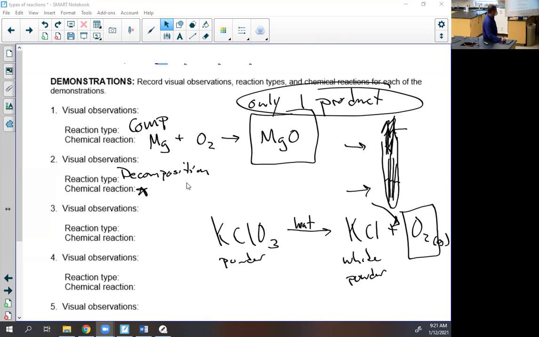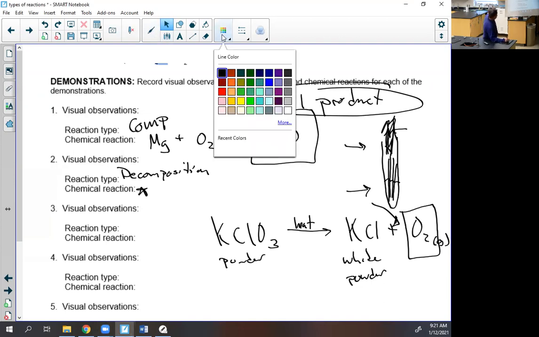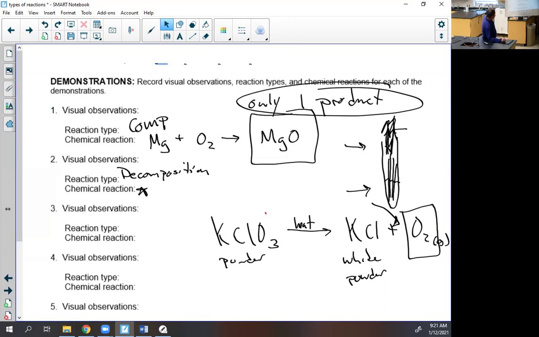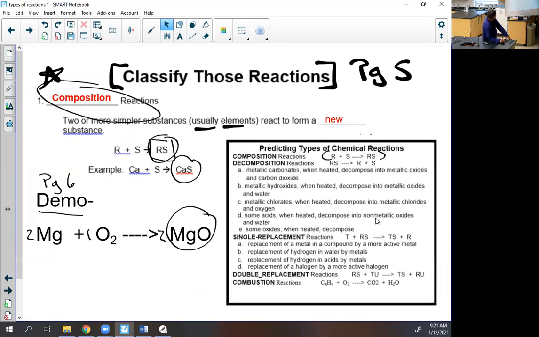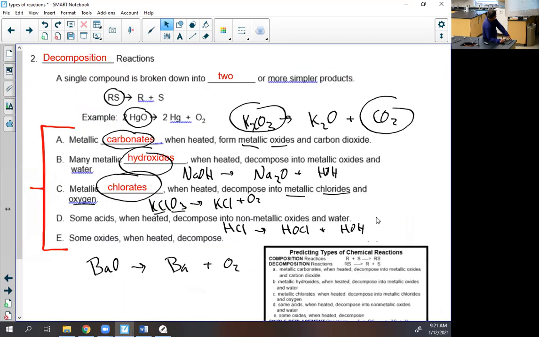Okay, now notice all of these decomposition reactions start with one reactant and produce two products. One reactant, two products.